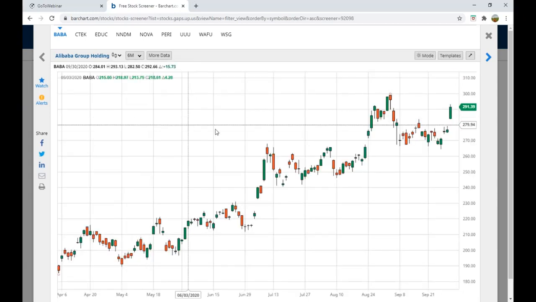Now, this is kind of interesting. This is Alibaba. And here we have a strong market that is trending higher, and we did have a bit of a correction, right, in price. Now notice that price did come down and fill our gap, and then the next day, right, price gapped up.